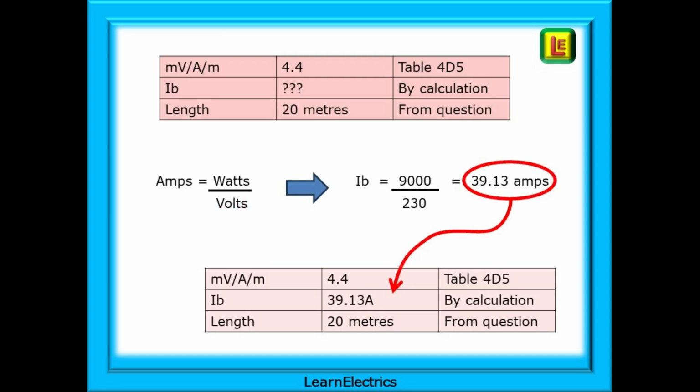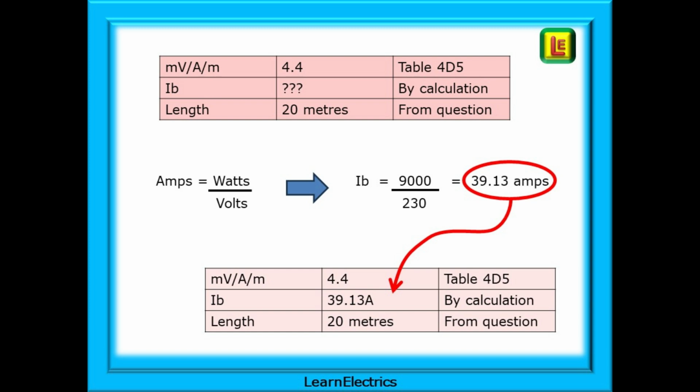I like to draw a quick data table of what I need to know in order to answer the question. From table 4D5 we can see that 10mm conductor has a millivolt drop of 4.4. The length is given in the question, and we can calculate IB from information given in the question. Let's do that.